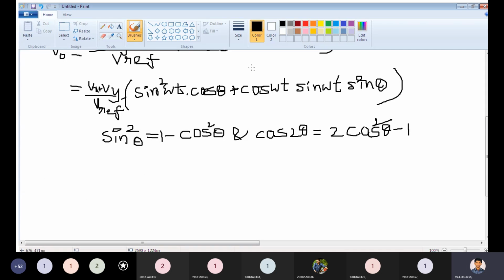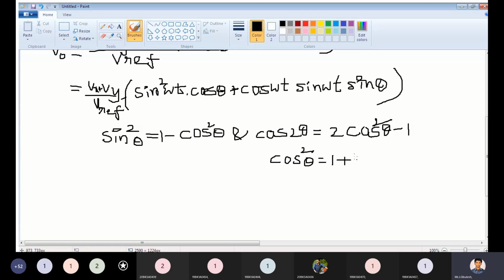Then cos square theta is equal to 1 plus cos 2 theta by 2.